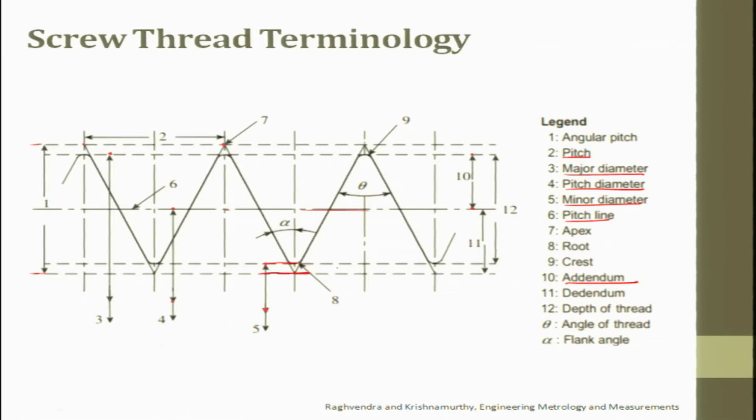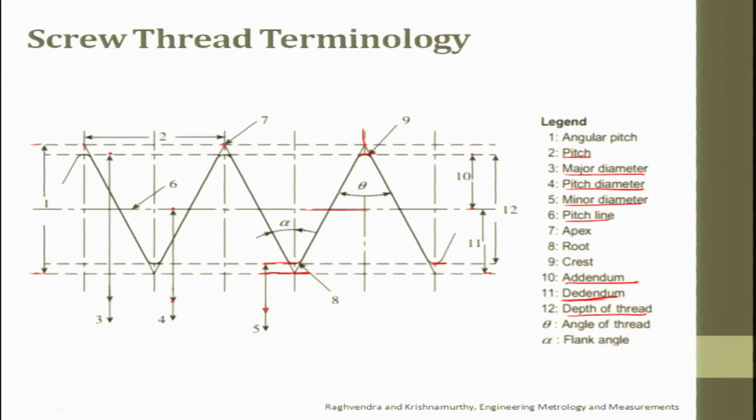From the central axis to an imaginary cusp, or a truncation of the cone; till then it is called dedendum. The depth of the thread is from the topmost portion to the bottommost portion, from one crest to the valley. That is called the depth of the thread.